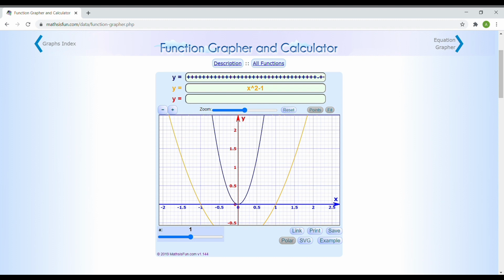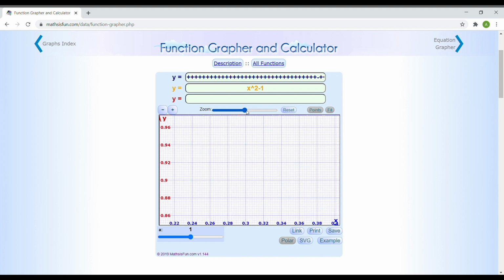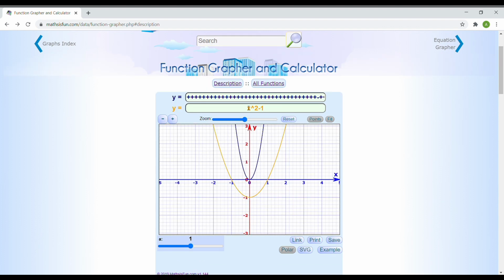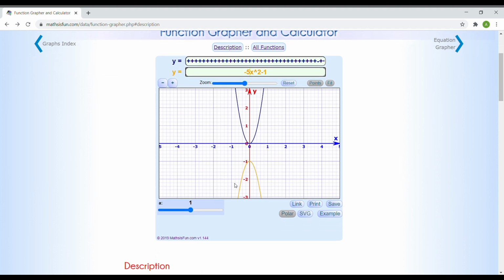What happens if we substitute a negative coefficient in this expression? Let's see. Now I am taking a negative value, let's say -5. Now where is the graph? The parabola, see this yellow colored parabola, it is inverted.